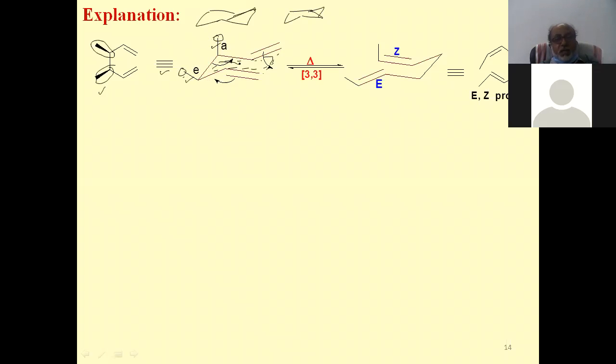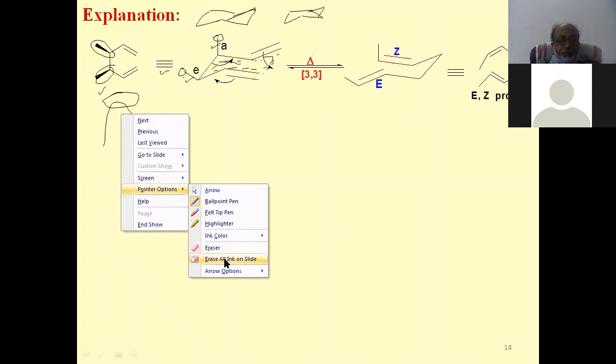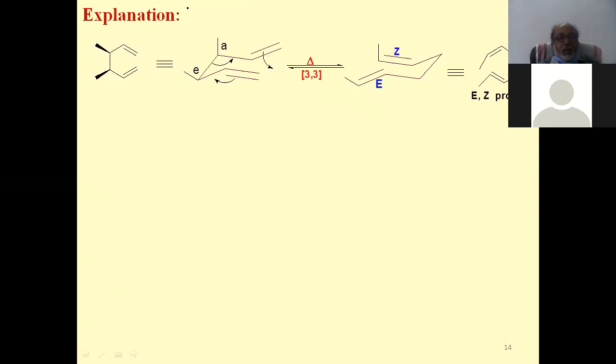Now you see the transition state that is happening, because all reactions pass through a transition state that is high energy. So this is the transition state in the energy diagram. What is going to happen here? In this transition state, this bond is breaking.